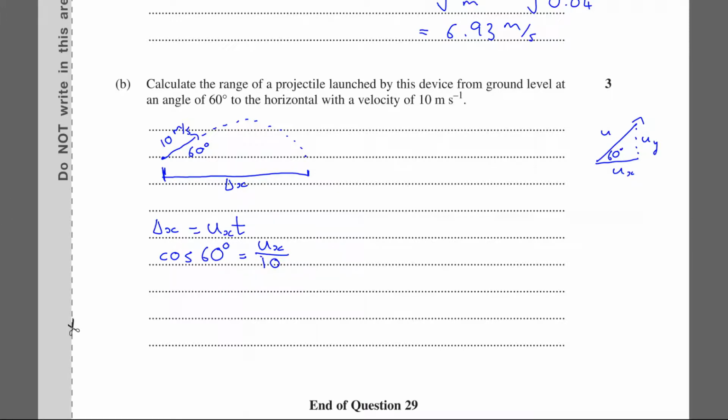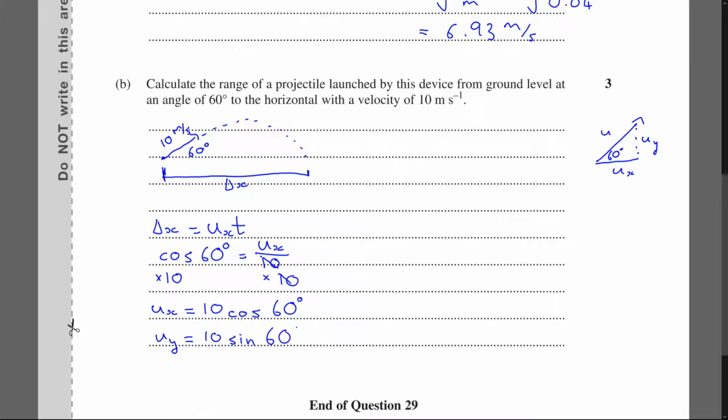I need to find ux on its own, so I multiply both sides by 10, and I get ux equals 10 cos 60 degrees. And through a similar logic, uy equals 10 sine 60 degrees.